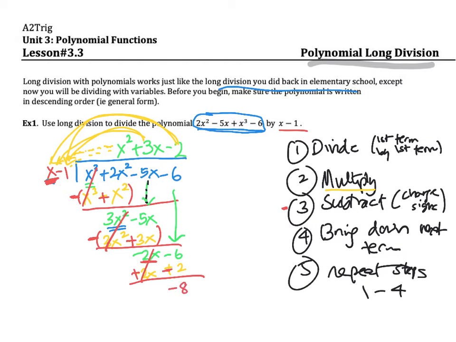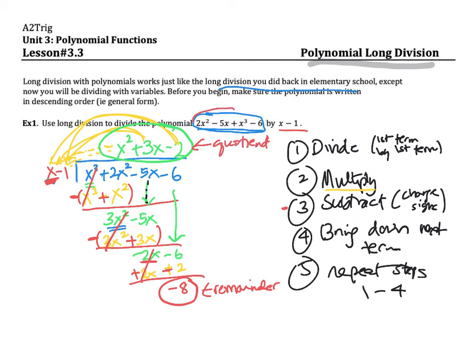Okay, so what do we have here? We have our quotient, which is x squared plus 3x minus 2, and we have our remainder of negative 8. So this is a remainder. This is our quotient in green. What does that mean?